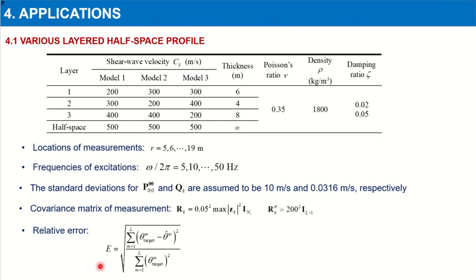Next is the application. Firstly, we will apply to various layered half space profiles, and the properties of the investigated problem are shown in this table, with the location of the measurement and frequency of excitation here, and the values of the initial guess, the covariance matrix of the state, and the covariance matrix of the process are also introduced.